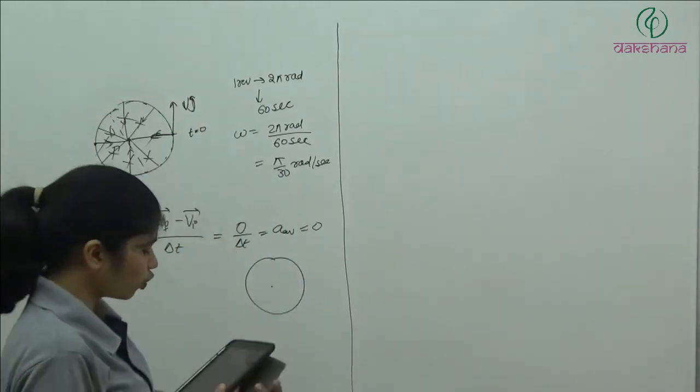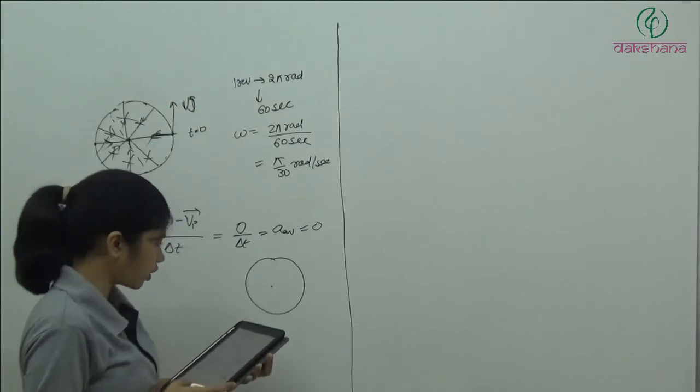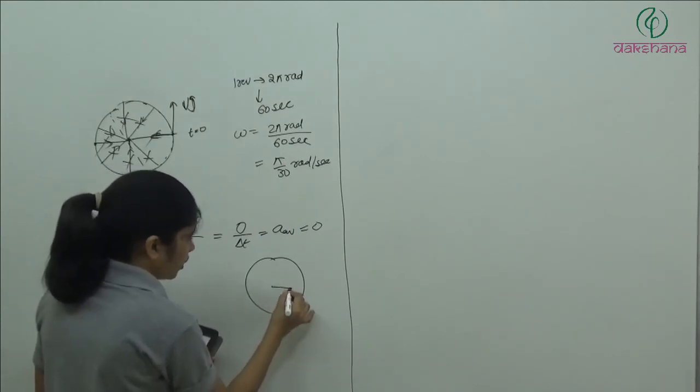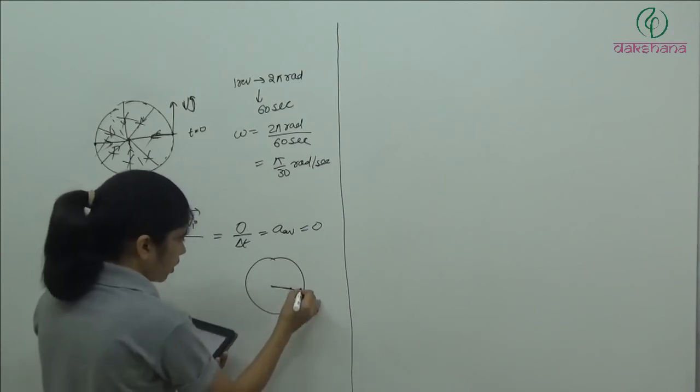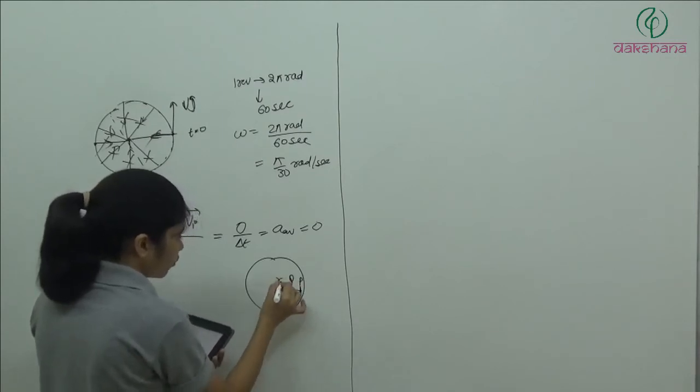Now we are taking two points at distances of Rp and Rq from the axis. Let's say this is one point and this is another point. So Rp is greater than Rq. This is point P and this is point Q. Rp and this is Rq.